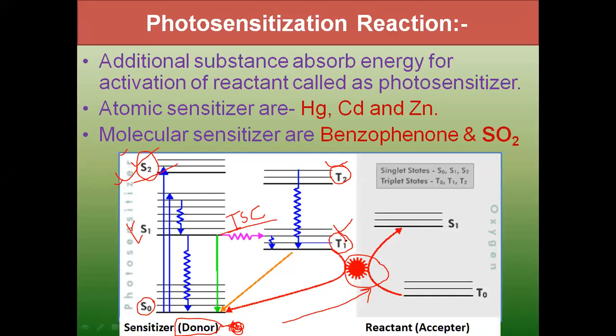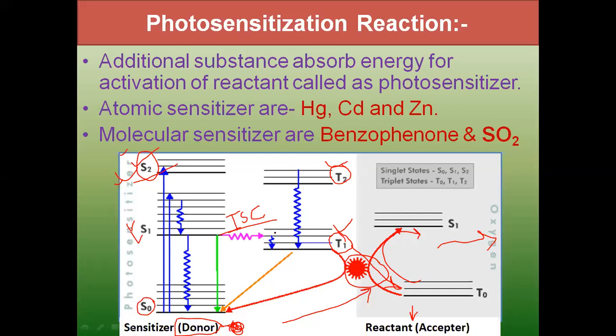In the triplet it gives its energy to the triplet energy level of the acceptor molecule. And then this acceptor molecule, after accepting the energy, undergoes excitation and de-excitation again, and it produces the product.